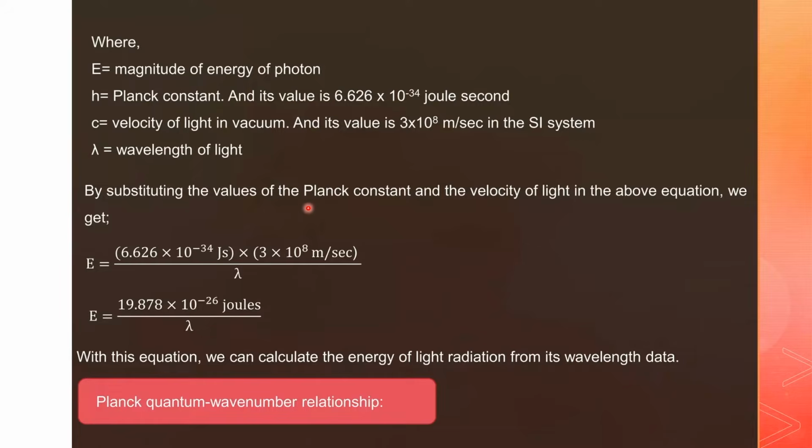Now, by substituting the value of Planck's constant and the velocity of light in the above equation, we get E is 19.878 times 10 to the minus 26 joules by lambda. With this equation, we can calculate the energy of light radiation from its wavelength data.